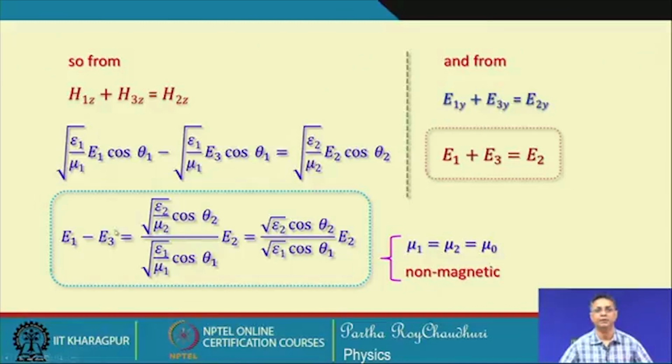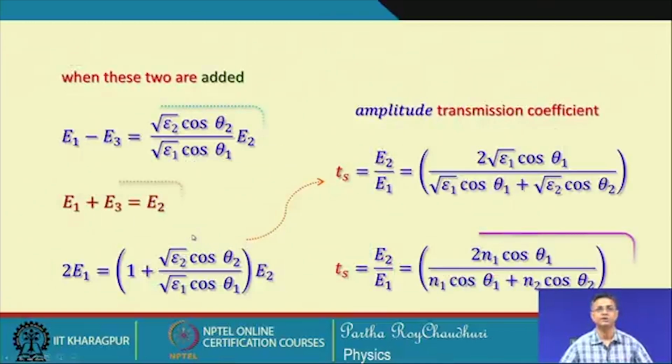Now, we have a pair of equations: on one side E1 minus E3 equal to some quantity times E2, and on the other side E1 plus E3 equal to E2. So, we can do some algebraic manipulation to arrive at the connection between E1 and E2 and between E1 and E3. So, let us do that.